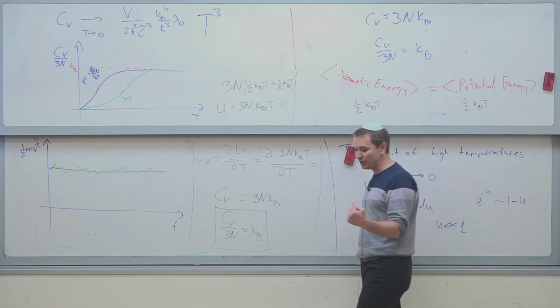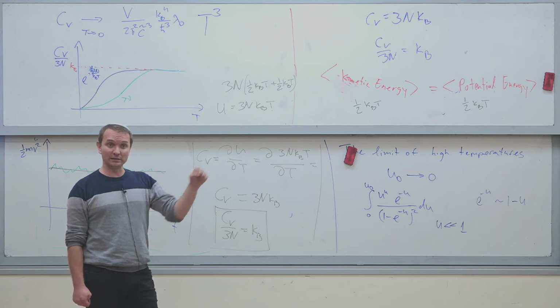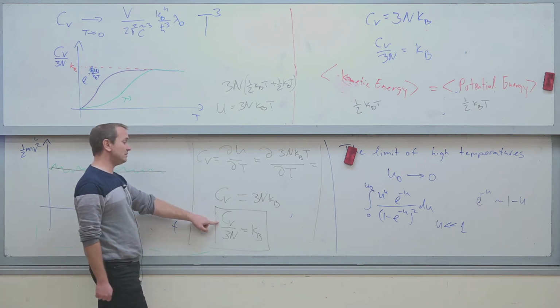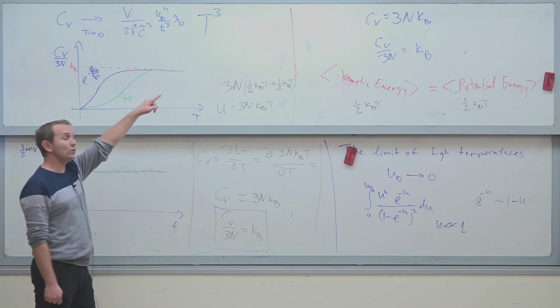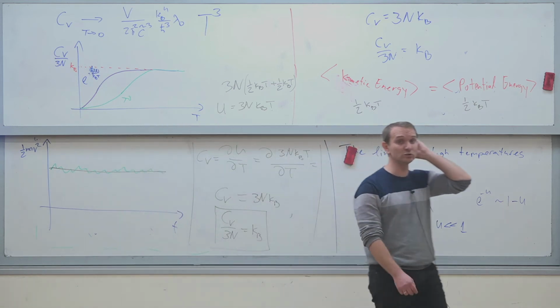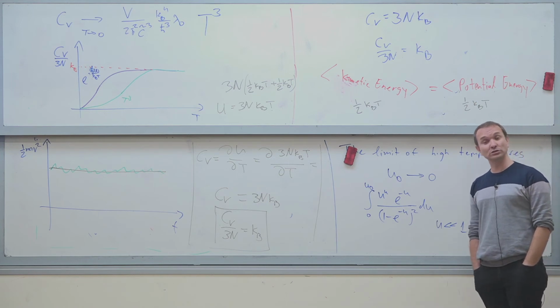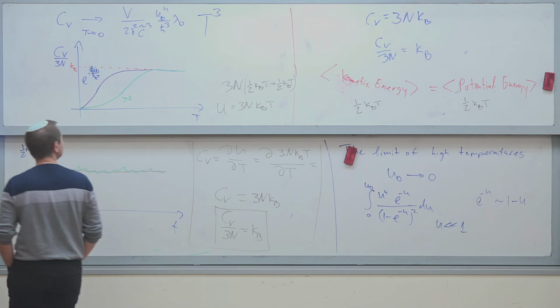I have 3n multiplied by 2 degrees of freedom, one kinetic energy and one potential energy. So Cv divided by 3n is simply k Boltzmann. Those two results were obtained from the same equation, a very long calculation, and it still holds for the large temperatures and for the small temperatures.